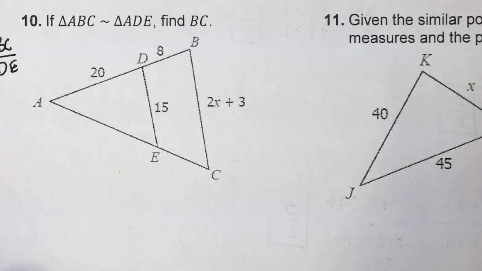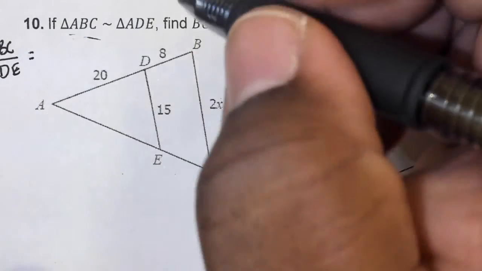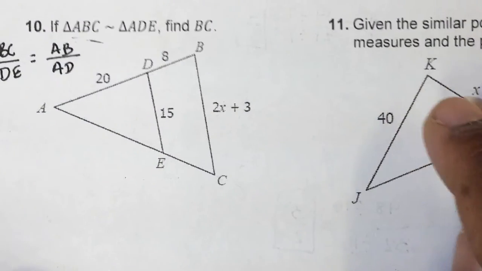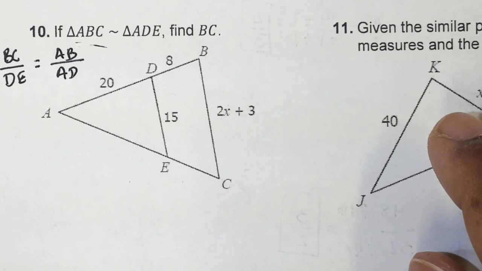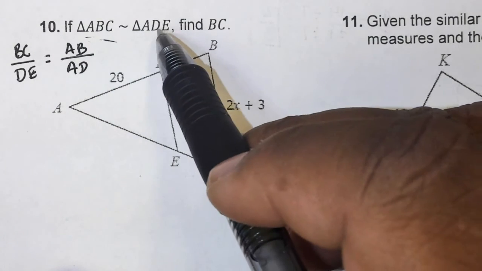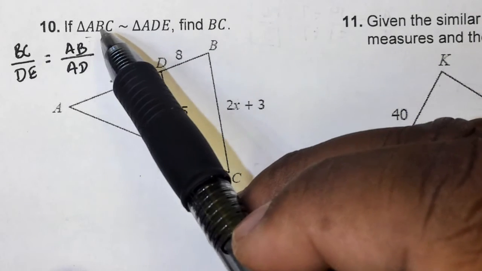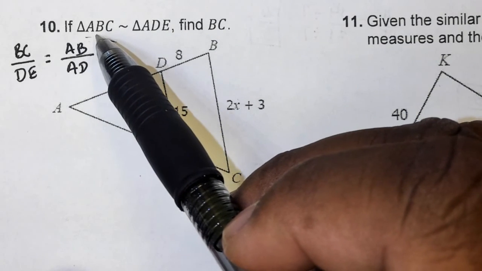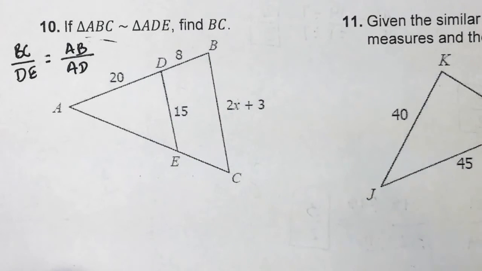And since I did BC, which was the big one, over DE, then I need to do AB over AD.